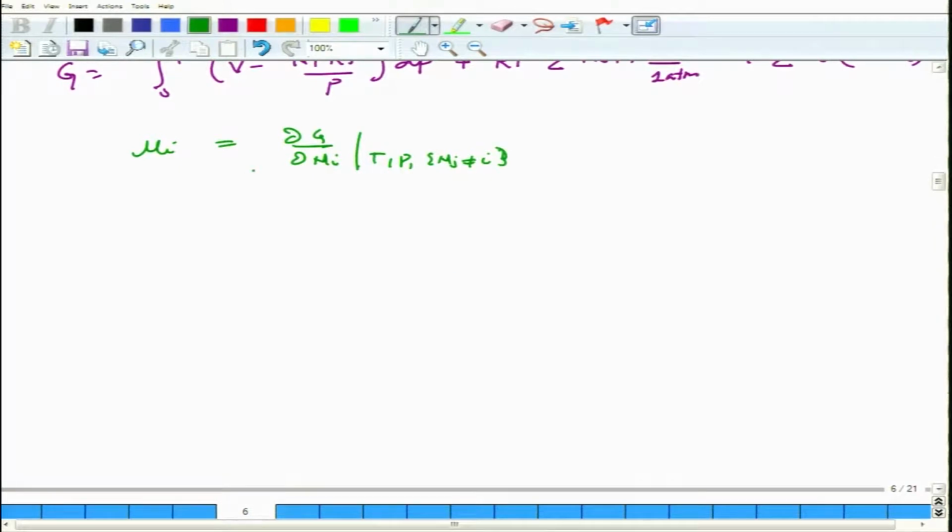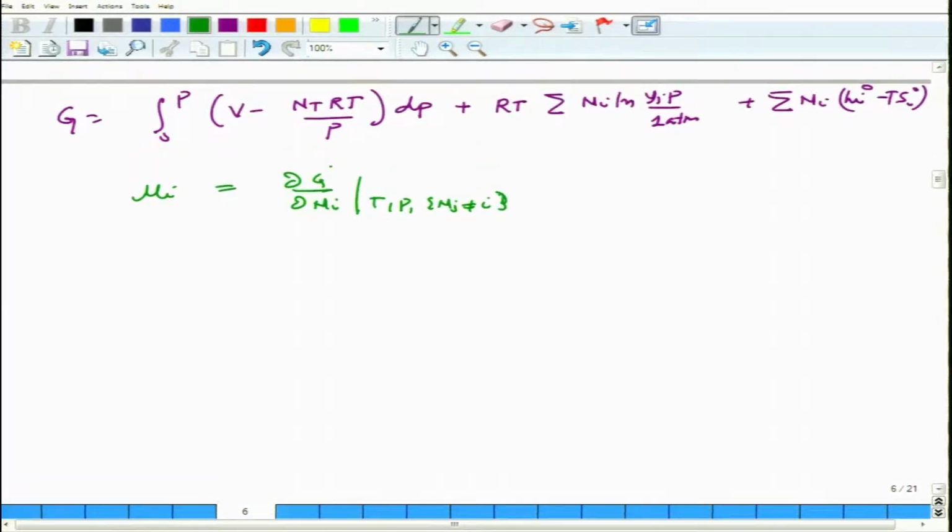So, let us take a derivative of this. What is the partial derivative of G with respect to Ni? Remember, this Nt is summation Ni.